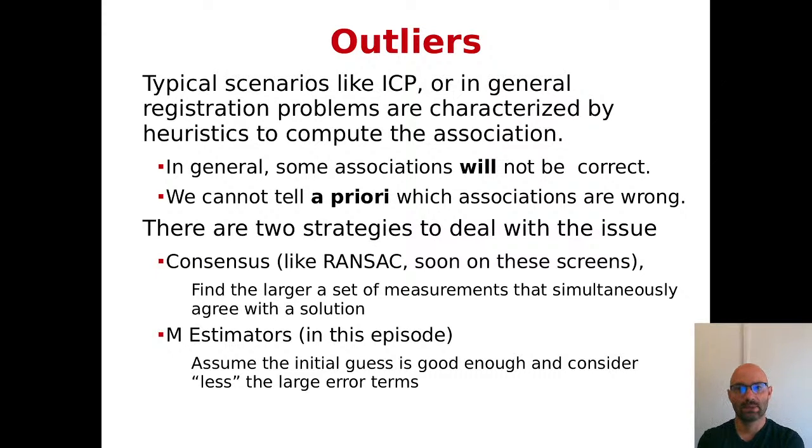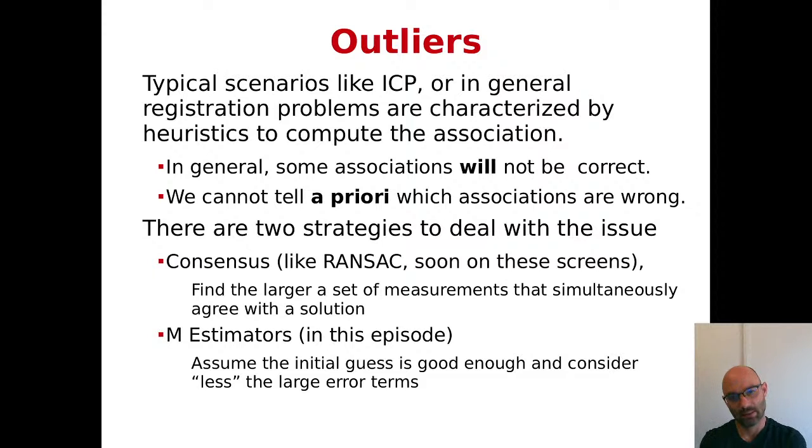One way is to filter them out. Basically, the idea is that you have a set of data points, you find a solution using a subset of the data points that you have. Based on this solution, you score all others, and then you repeat this process iteratively until you find a maximum number of points that have low error, which is called a consensus, and this is done in schemes like RANSAC.